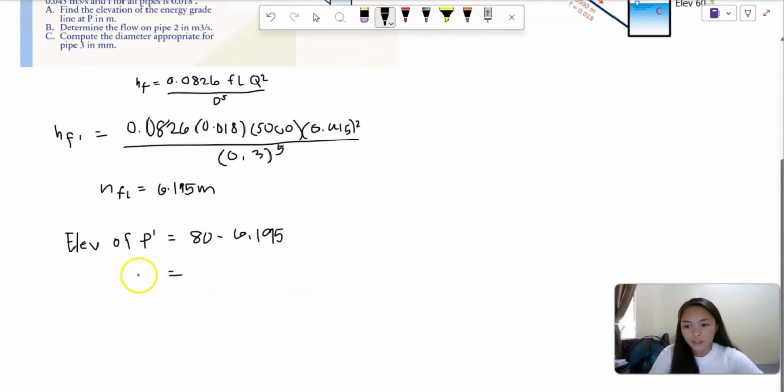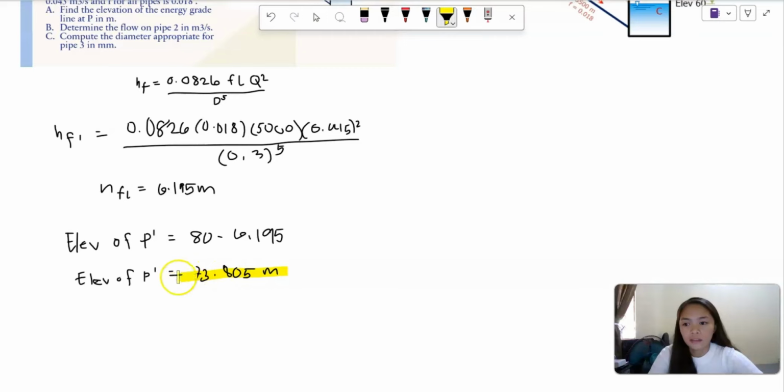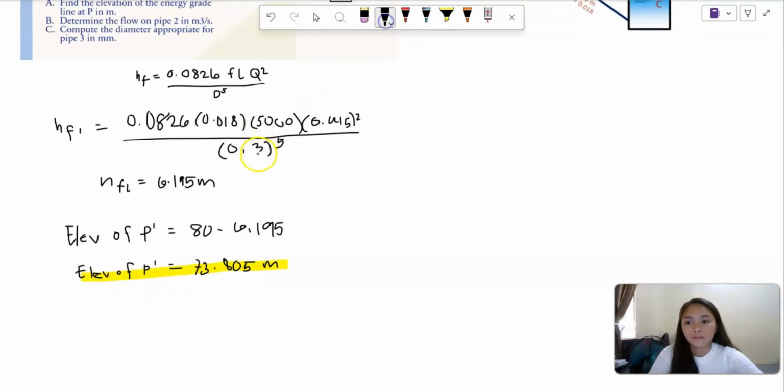So our elevation of P prime is 73.805 meters. So we already got the elevation of P.